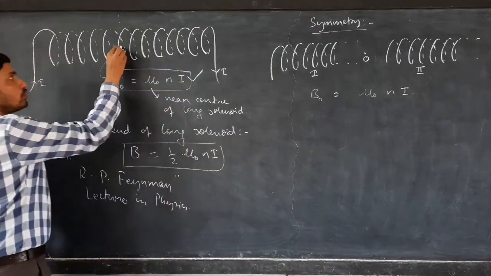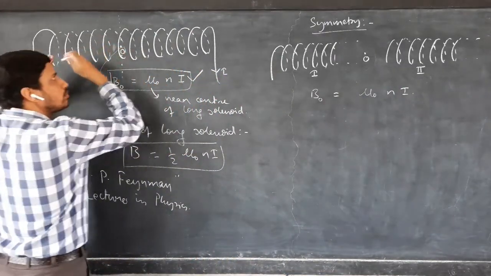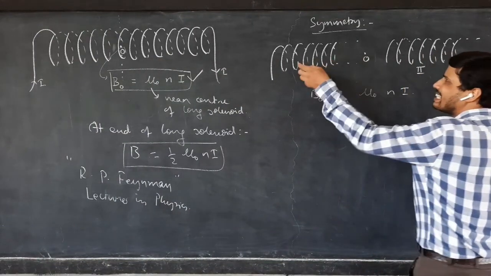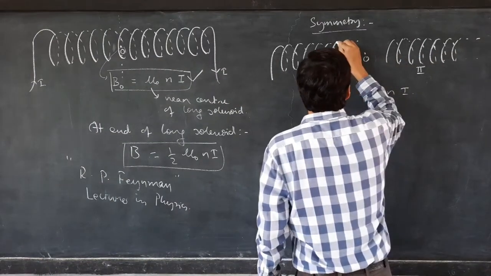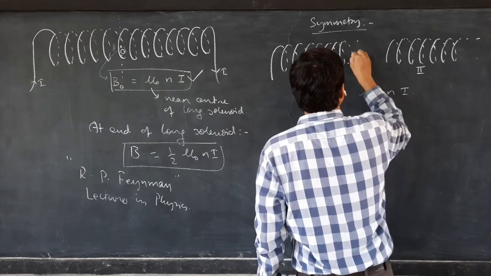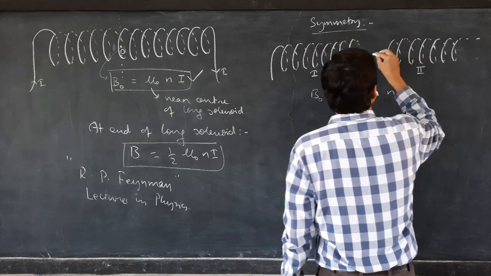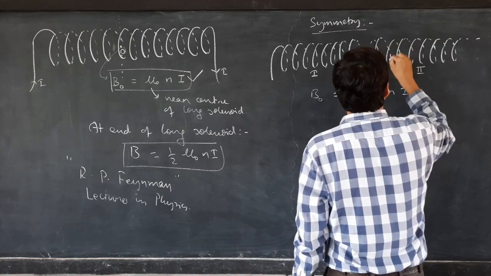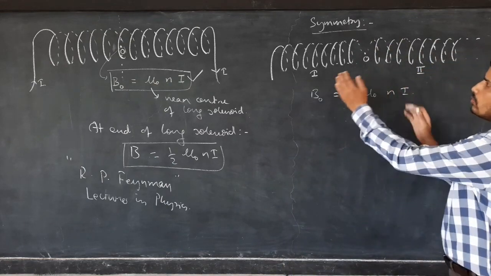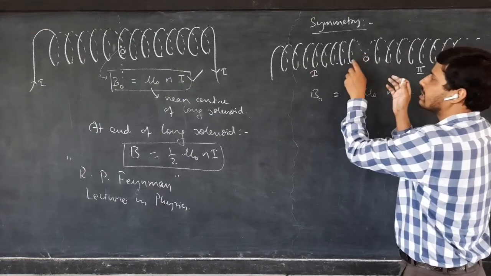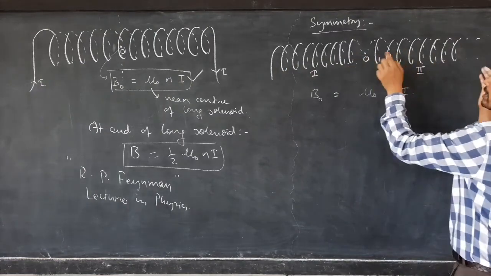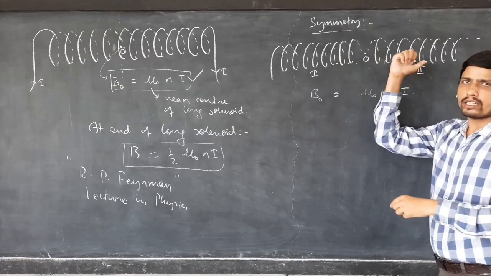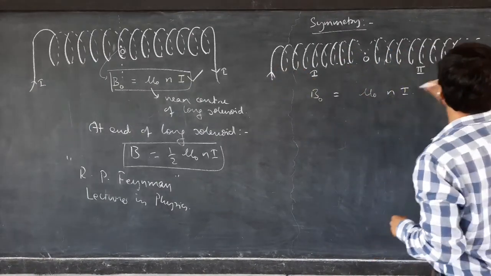Now the point O, which was at the middle, at the center of this long solenoid, now becomes a point at the end of this solenoid. It has become the end of this one and the end of this one also, like so. If you concentrate on this solenoid, this is at its right end, for this solenoid this is at its left end. But since the direction of current determines the direction of magnetic field, direction of current is like so.